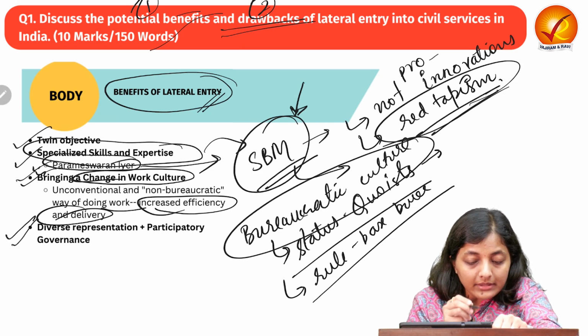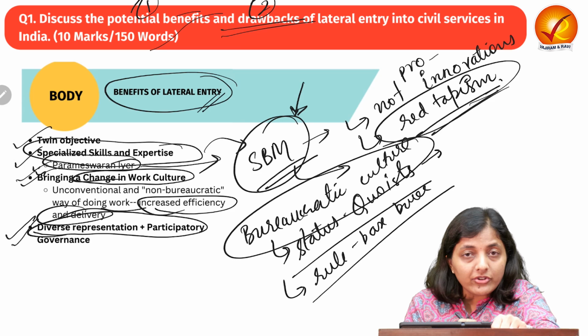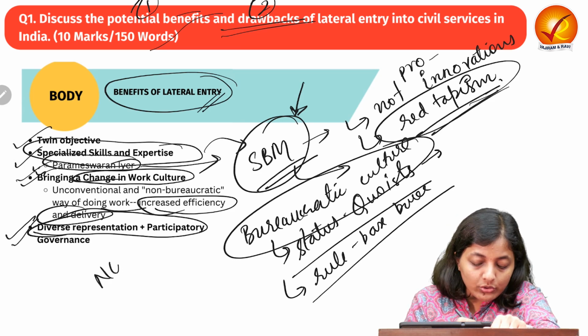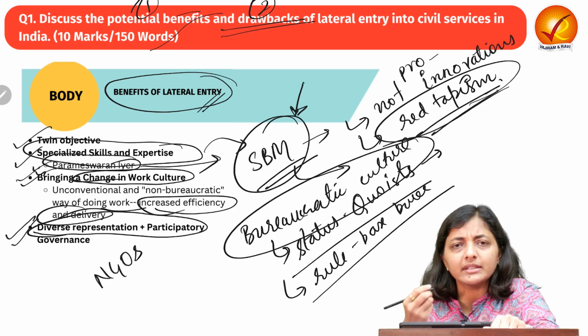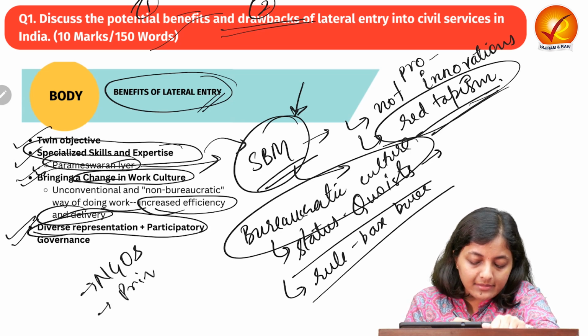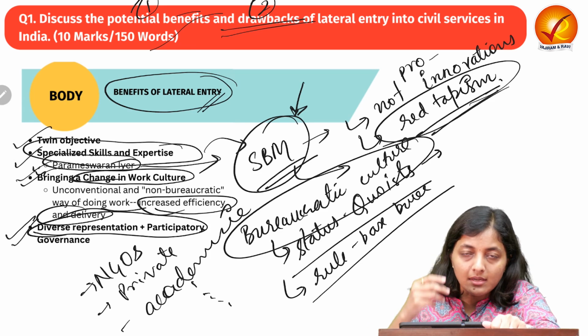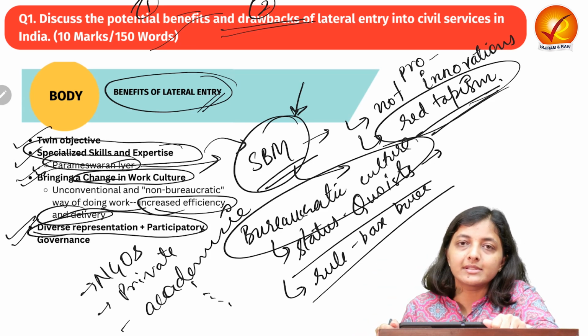Then the next benefit of lateral entry is diverse representation. Now, the lateral entrants can be from NGOs, other than government officials, then private entities, academia, and various other entities can get into the civil services.